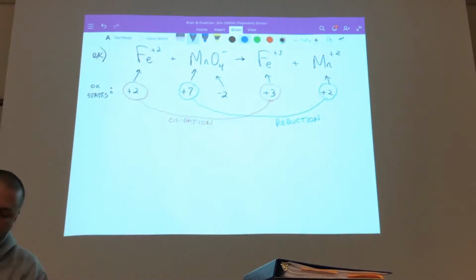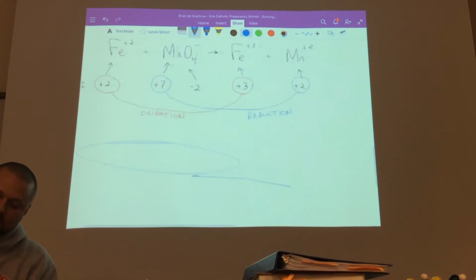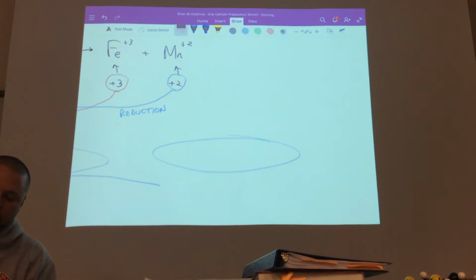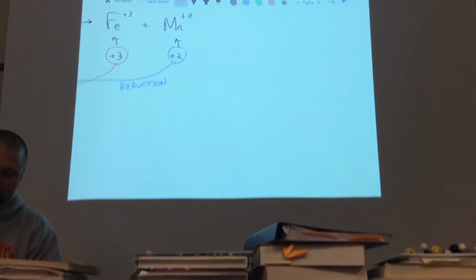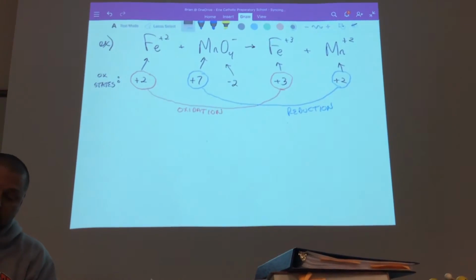So for now, I'm going to write one half reaction and have about that much space for it, and then slide over and have about that much space for the other half reaction. Just so you can plan for space here. It's much, much easier if you're doing it right next to each other.